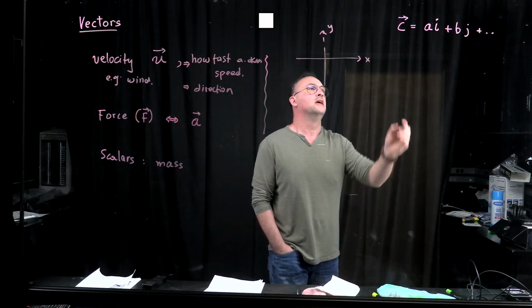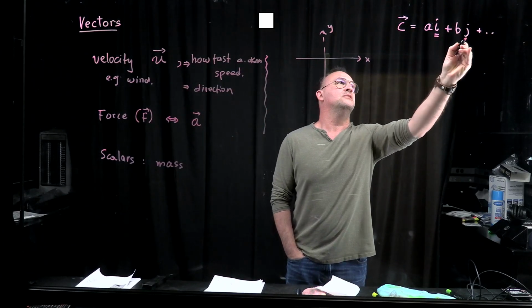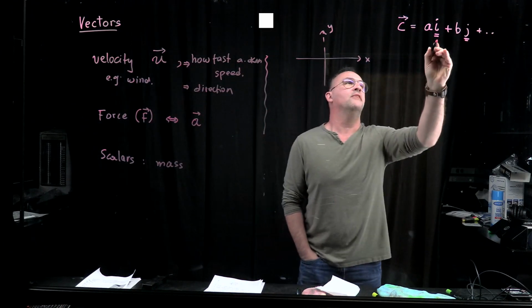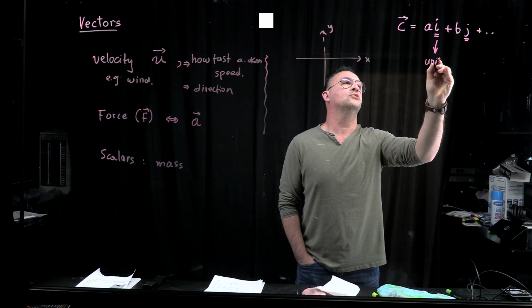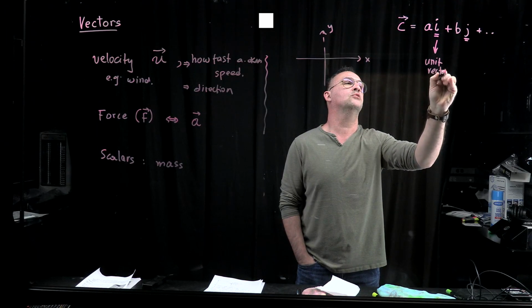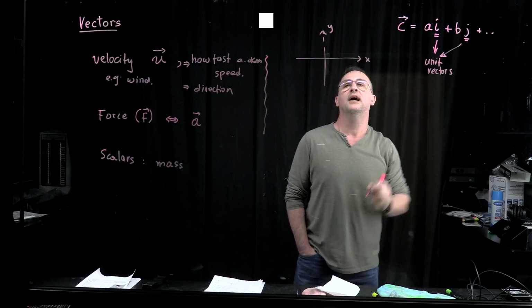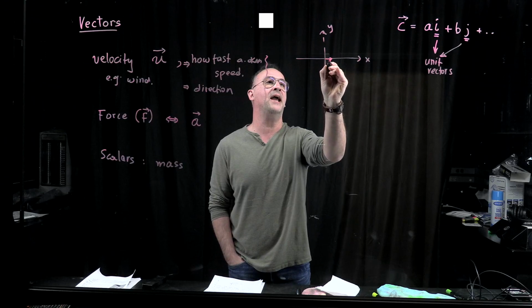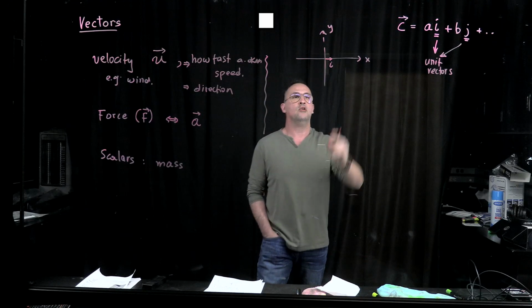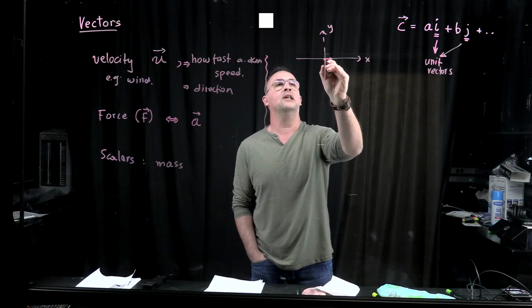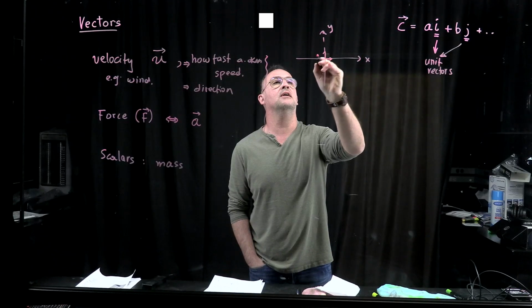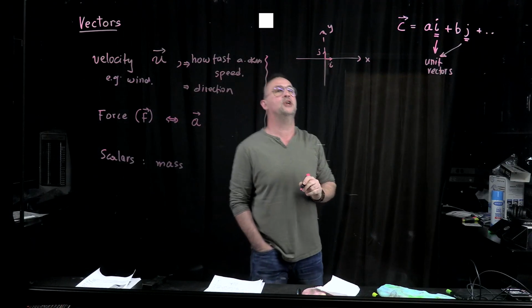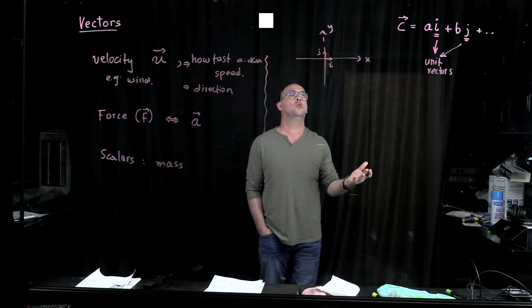It means that these i and j are called the unit vectors. Essentially, it tells us that a unit vector along the x direction has a magnitude of 1, and a unit vector along the axis of y, unit vector j, has magnitude equal to 1.